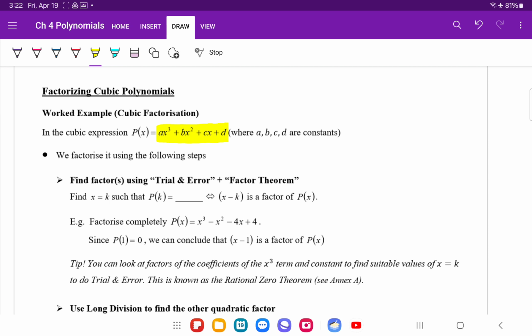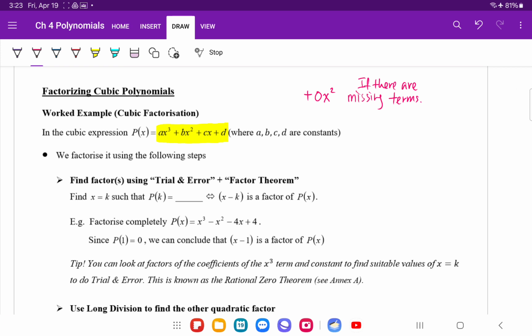But I must caution you, sometimes some of these terms may be missing. When it's missing, make sure you put plus 0, let's say 0x squared. For now, let's not worry about that first. Let us move on.